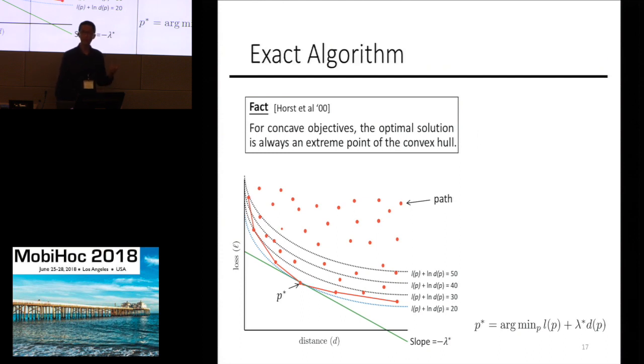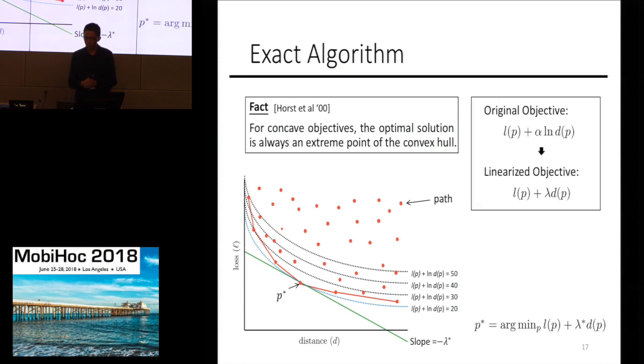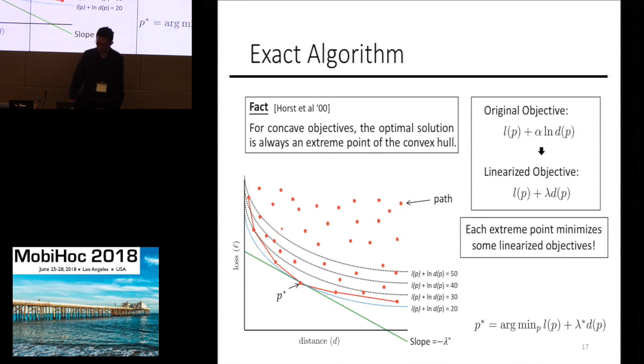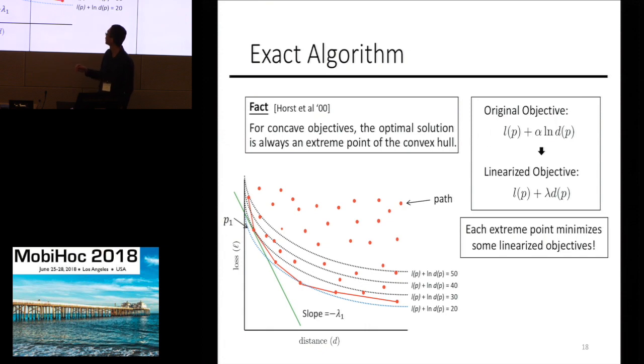So with this idea, we're able to design our XI algorithm. So the key thing here is that we are able to transform our original concave objective into a linearized objective weighted by this parameter lambda. So for different lambda, we are actually getting different points on the convex hull. So for example, if we set lambda to lambda 1, then we'll get this path P1.